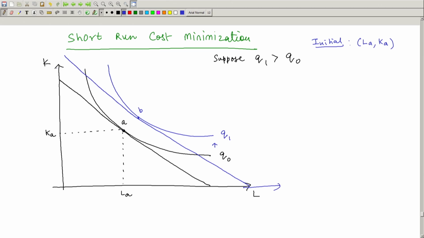As before, we will solve the long run problem.